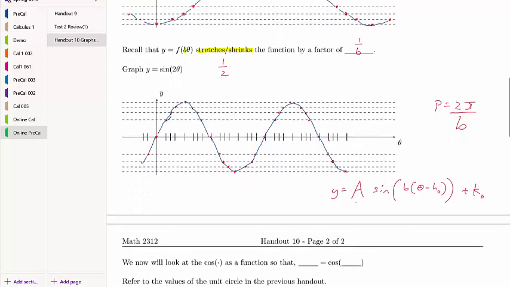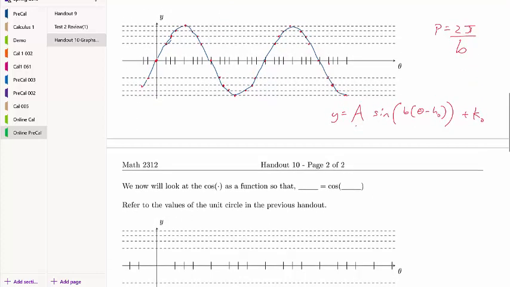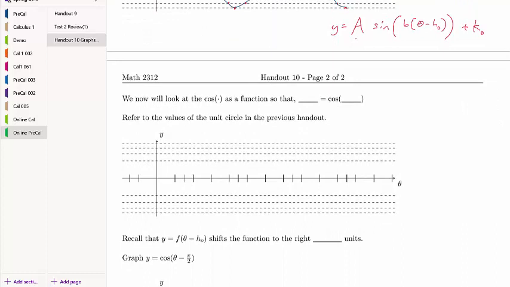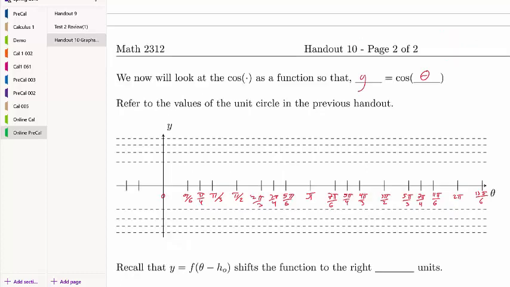Okay, so let's look at the cosine function now. The cosine is basically going to be the same as we did for the sine, except that the cosine is going to be the x coordinate of the unit circle. And so we go through this, and these are all going to have the same values as they did before. Then on the negative side, the clockwise rotation, we have negative pi over 6 here and negative pi over 4. Okay, so we've got all the angles filled in here.